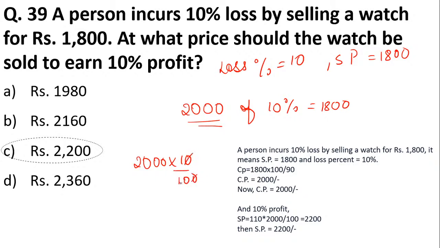That is 200. So the cost price was 2000 plus 200 is 2200. So if this person wants 10% profit, he should sell that watch at 2200 rupees. That is why C was the right answer.